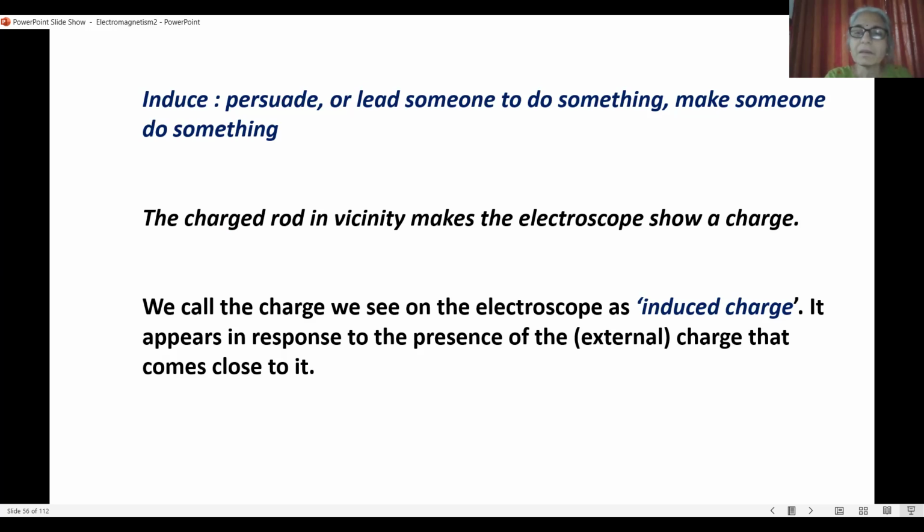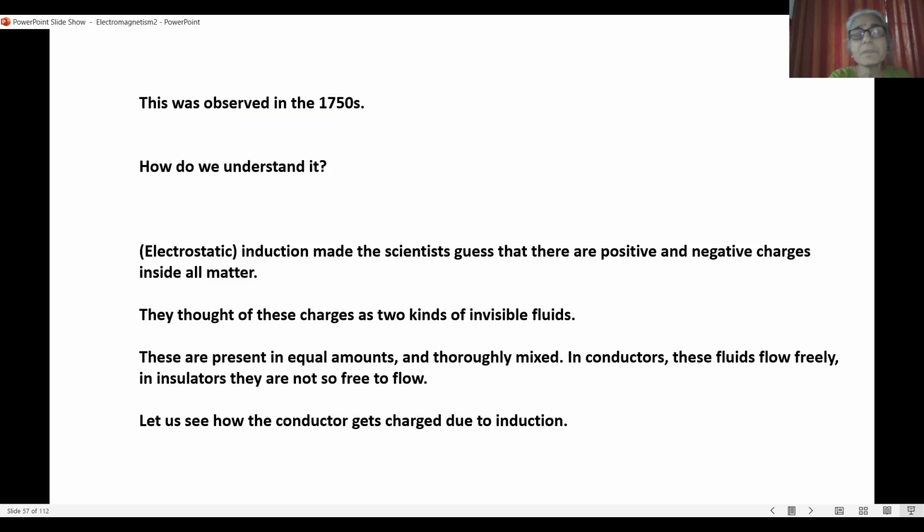Similarly, when you bring an external charge, here the charged ebonite rod or the charged glass rod, close to the electroscope, charge is induced in the electroscope. The electroscope behaves as if it is charged. This electrostatic induction was observed in the 1750s.